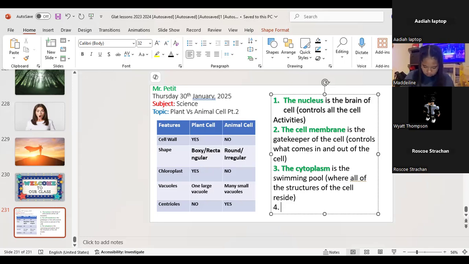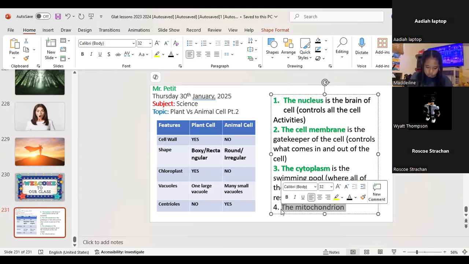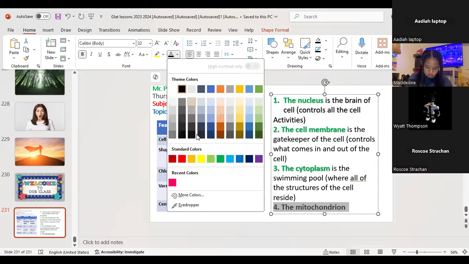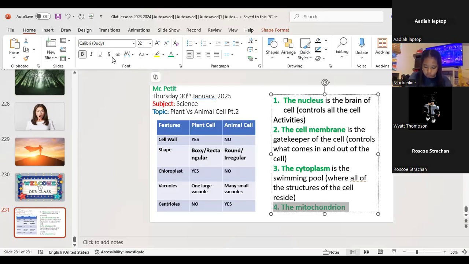Next, we have the mitochondrion. Not the whole word, just the chondrion.